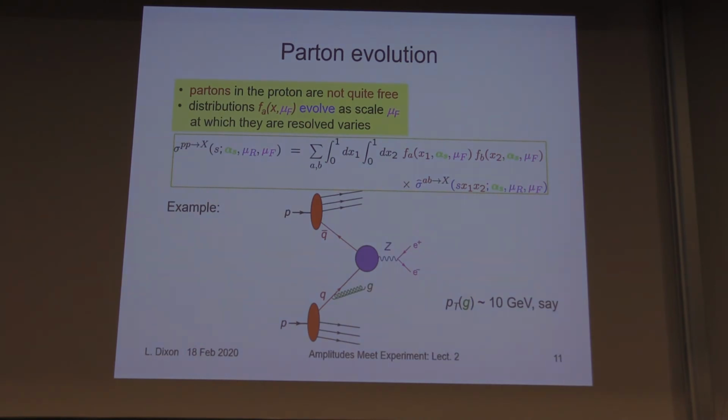Now, one thing I needed to stress is that this factorization that we wrote down for the hadronic cross-section, the different pieces depend on the factorization scale.